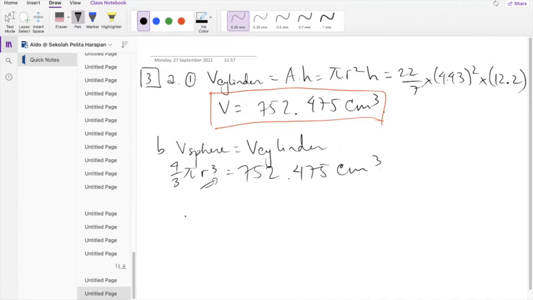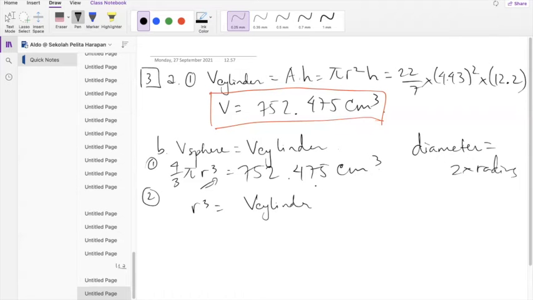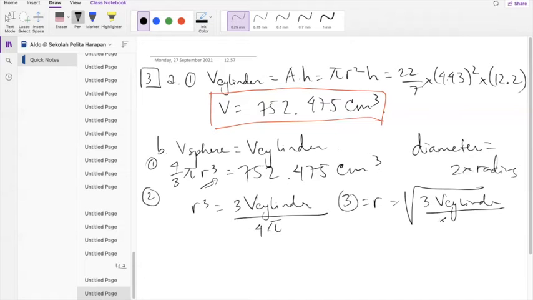We are asking for the radius, because later the diameter is 2 times the radius. So r cube is equal to V cylinder times 3 over 4 pi. This is what we call cross multiplication. Therefore r is equal to the cube root of 3 V cylinder over 4 pi.